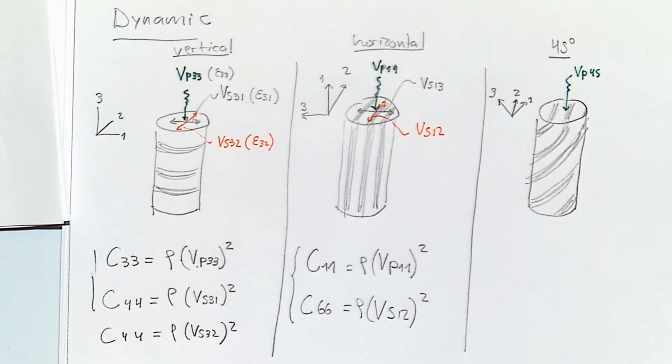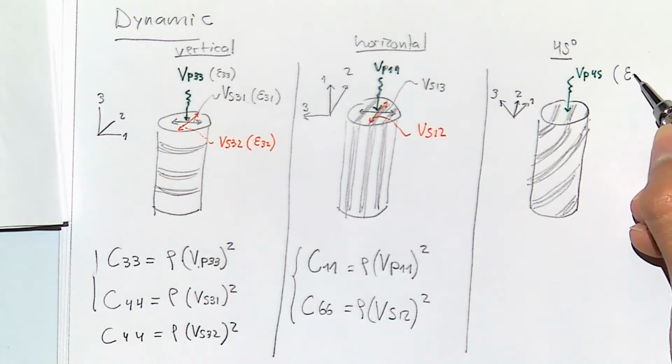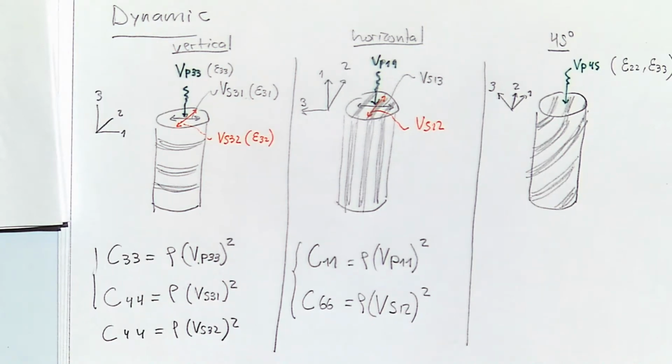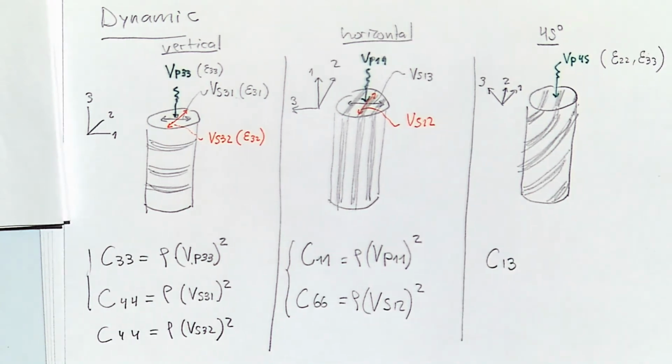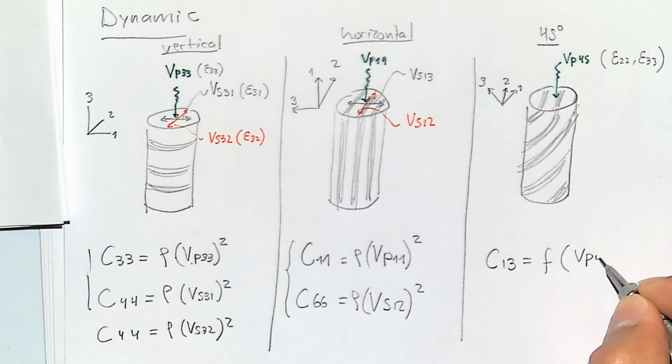If I send a wave at 45 degrees, that's going to cause strains in direction 2 and in direction 3, and the result is that I'm going to be able to measure the parameter C13, which is going to be a function of this BP45.